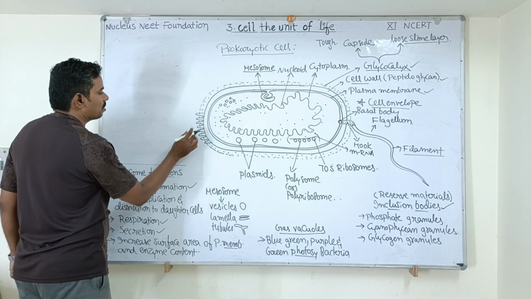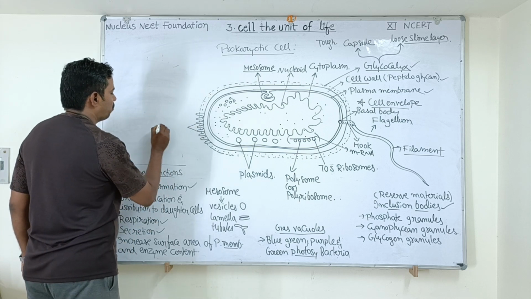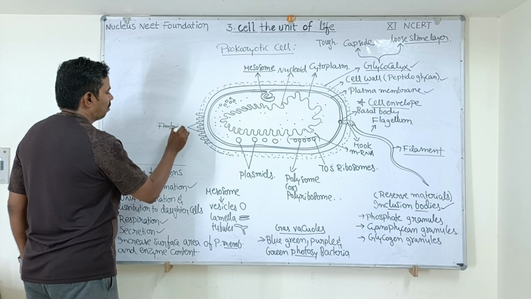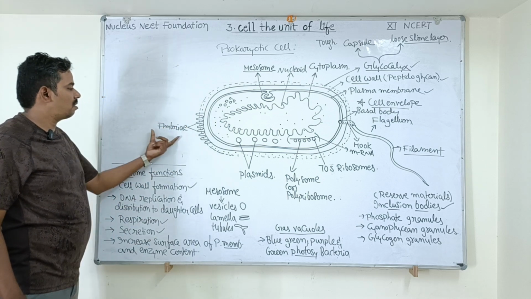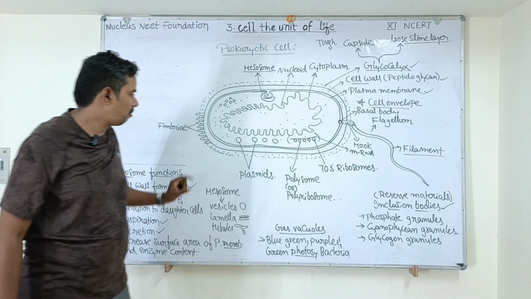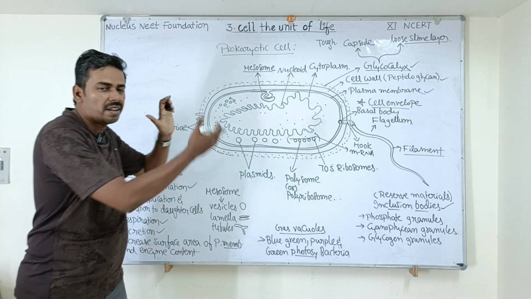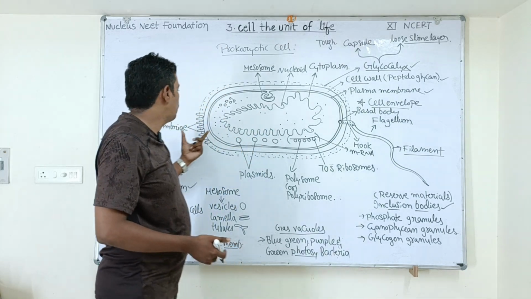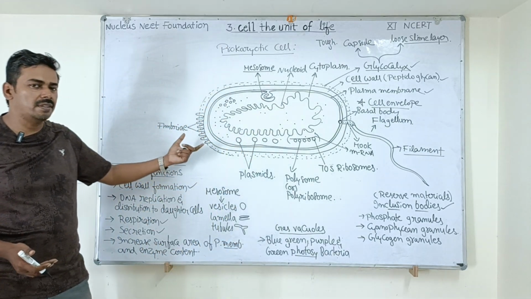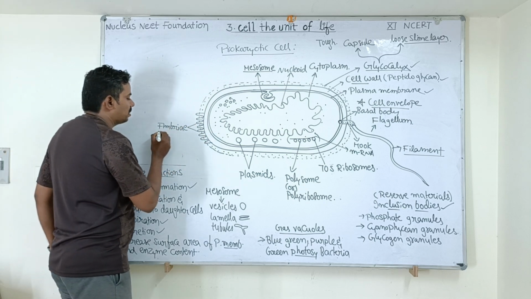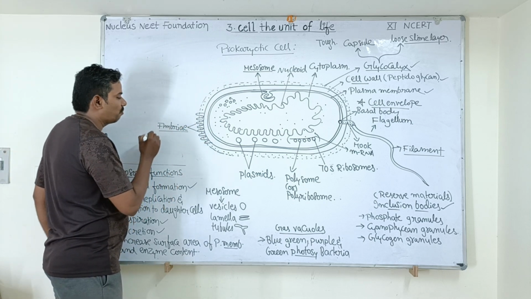These bristle-like structures are called fimbriae. What is the function of fimbriae? They help the bacteria to attach firmly to solid surfaces such as rocks, and they also help in attaching the bacteria to host cells. So these are the structures which help in attachment, fimbriae.